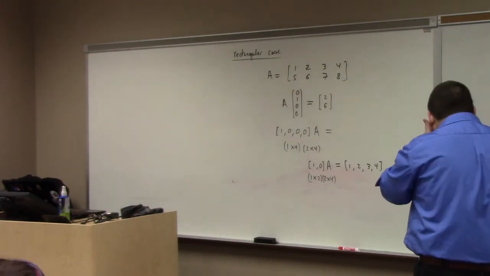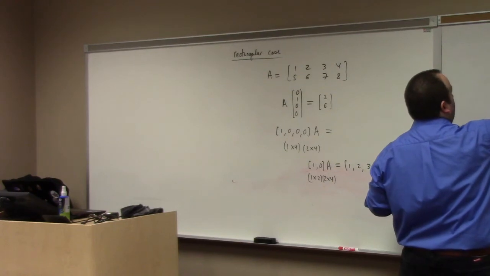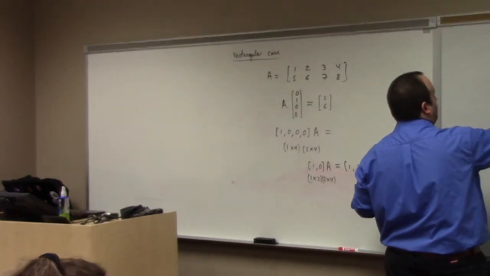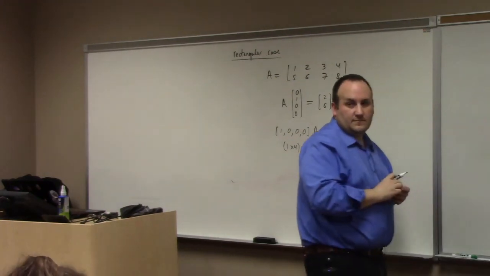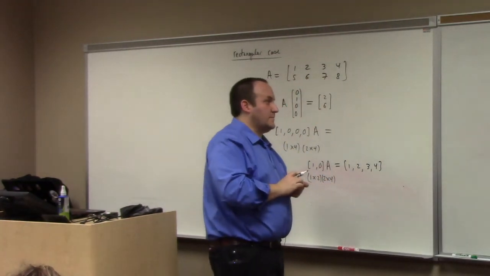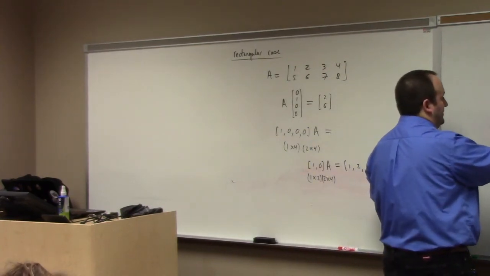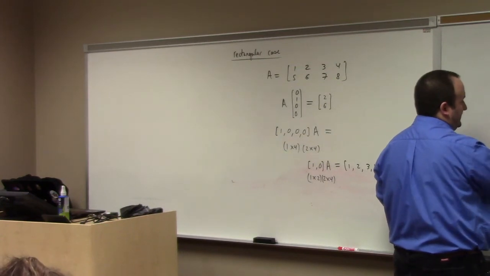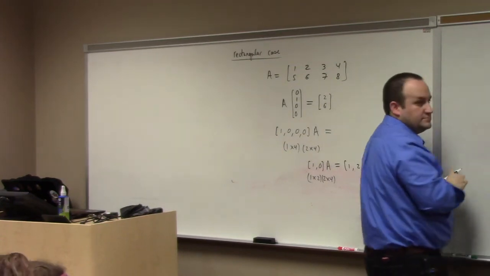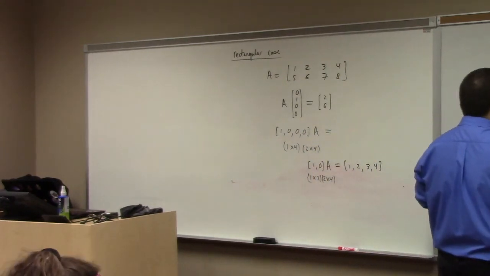So number 3, you're supposed to calculate I times AB and also AB times I, right? All you've got to do is calculate AB times 1, 0, 0, 1. This is what I is given to be there. So whatever that is.